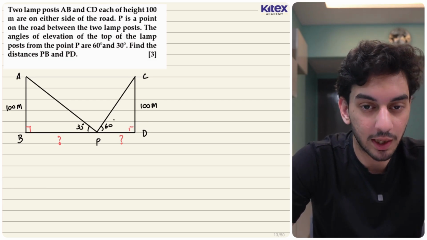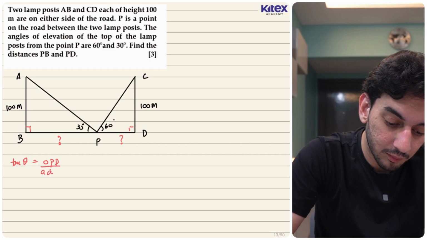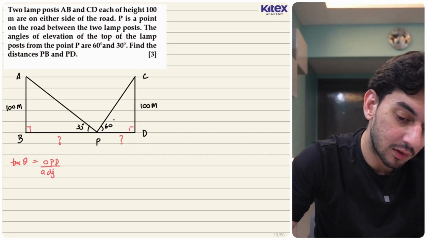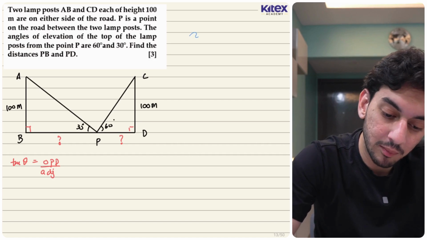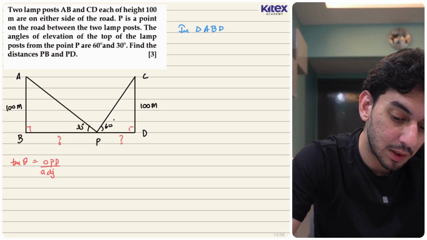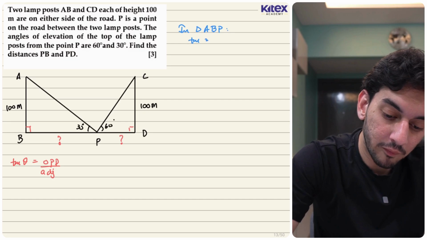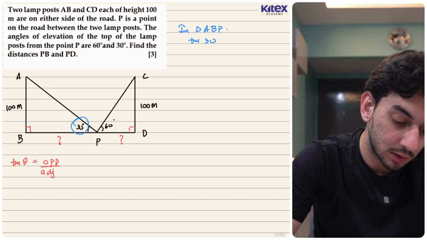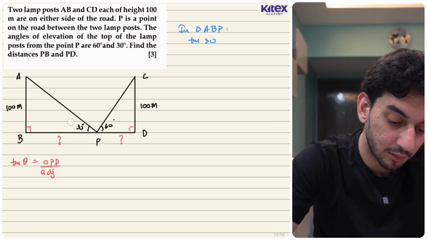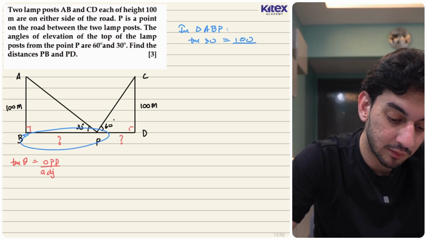So I have to use tan theta. So let's say tan theta is opposite over adjacent. We can start with triangle ABP. So in triangle ABP, tan 30 is opposite, which is 100, upon the adjacent, which is this thing, which is PB.